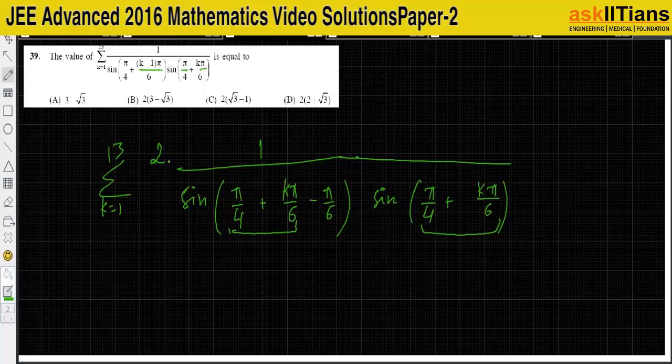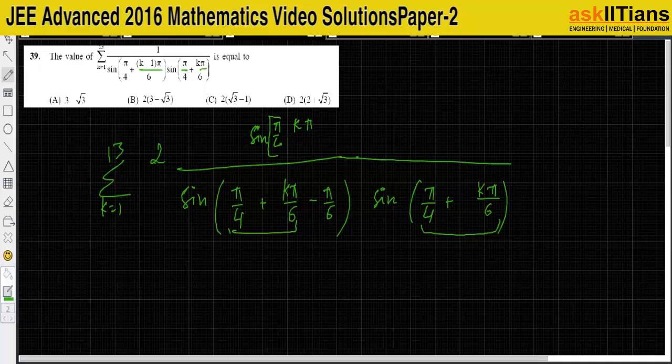Okay, so I'll multiply by 2 and I'll divide by 2. So here I'll get 1 by 2, and instead of this 1 by 2, I write sine pi by 6. Here this I can write as sine pi by 6, and this pi by 6 I'll write in a little style, right? So what I'll get is I will subtract these two angles, right?